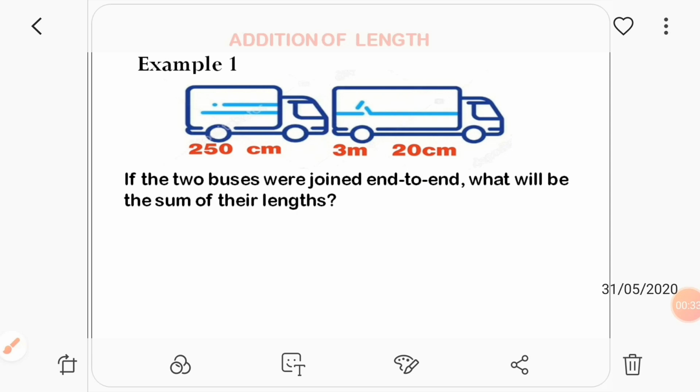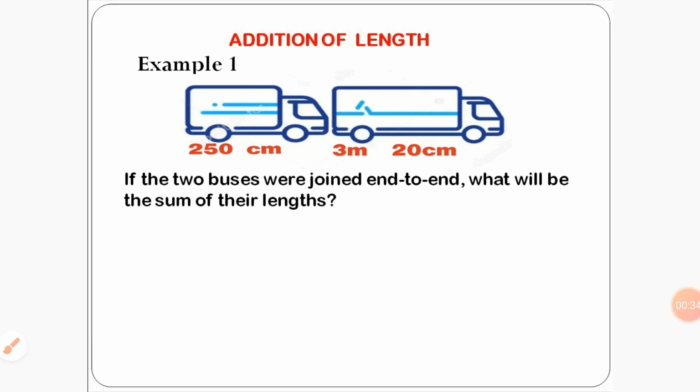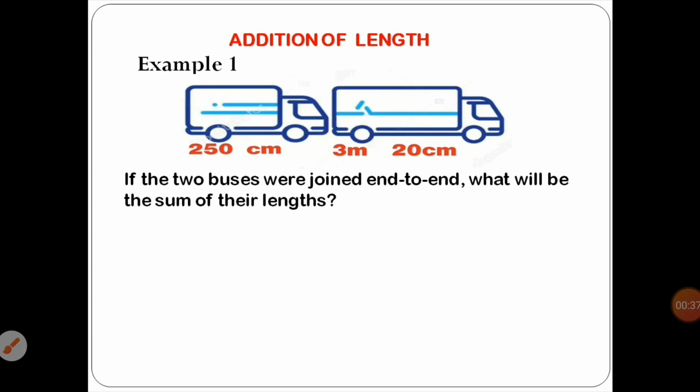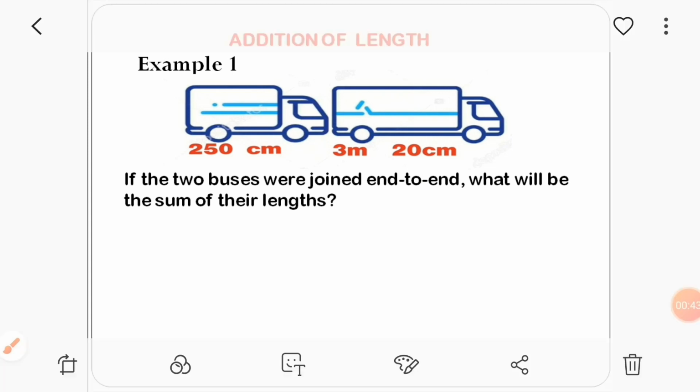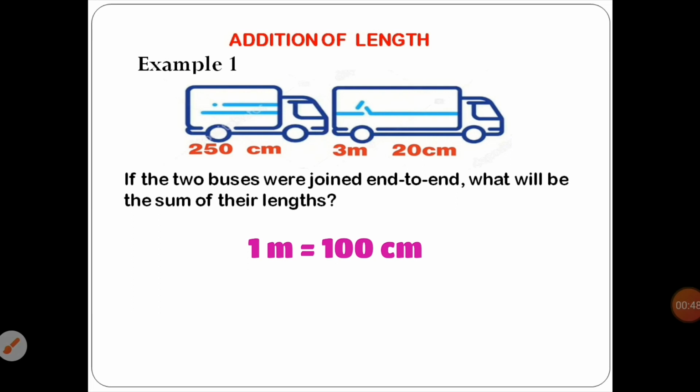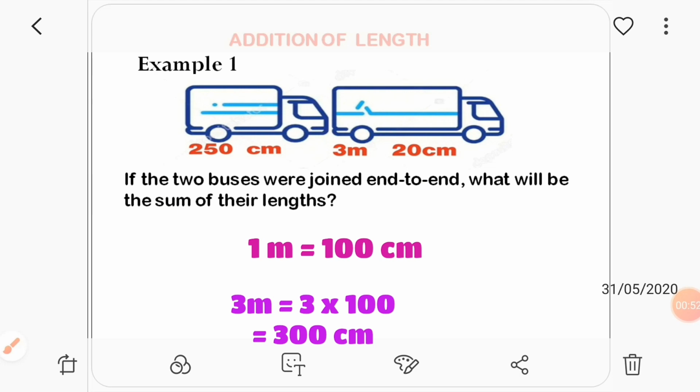So how do you do that? You need to convert the meters into centimeters so that everything will be in the same unit. The first one is already in centimeters, the second one should also be in centimeters. The 3 meters gives you 3 times 100, that is 300 centimeters.